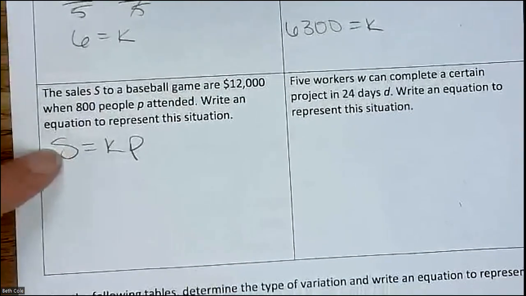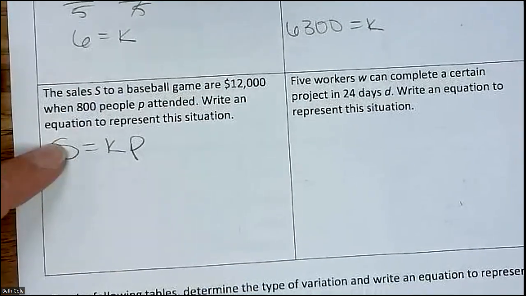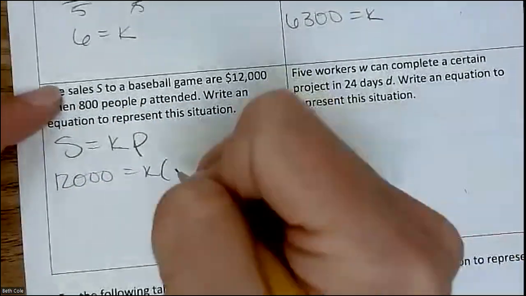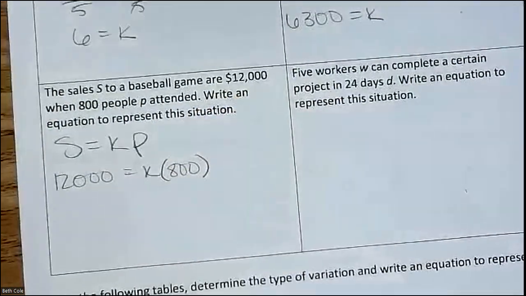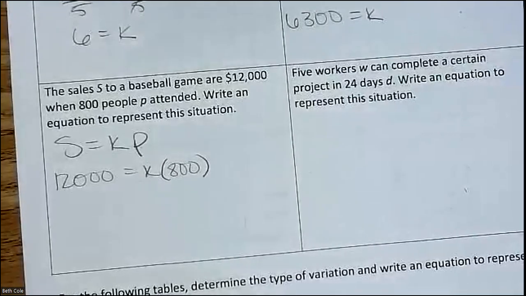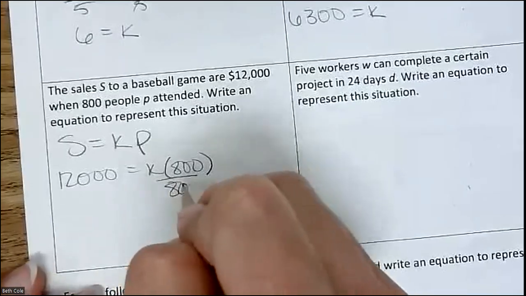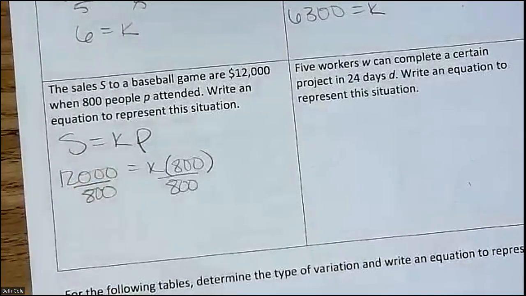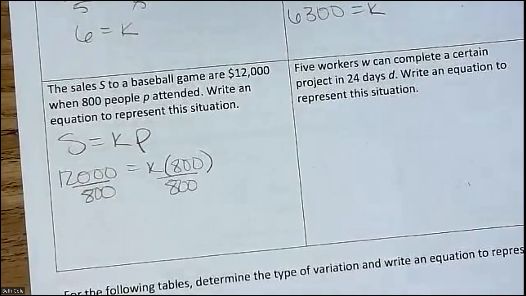So what is S? How much money? 12,000 equals K times people, which is 800. And what would you do to solve for K? Oh my gosh, for direct variation, you divide. I'll type that one in. I could try to do that one in my head, but I don't want to mess it up.